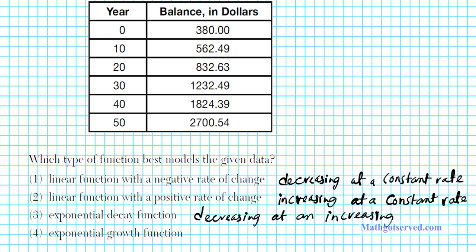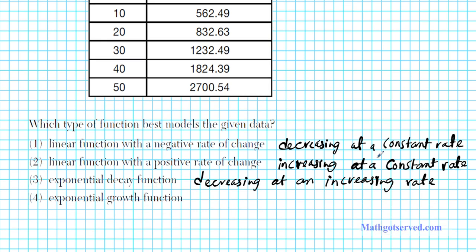Linear is a constant rate of increase or decrease, but exponential is an increasing rate of increase or decrease. Now, exponential growth, what does growth indicate? It's increasing, right? Since it's an exponential function, it's going to be increasing at an increasing rate. The slope keeps getting steeper and steeper the further out you go on an exponential function.